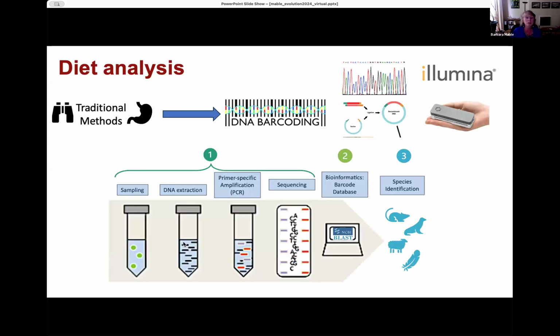But whatever method you're using, the processes are having the samples, your DNA extraction methods, choosing the primers for amplification, if you're using that kind of method, the type of sequencing, and then the bioinformatics to interpret what you find. And so the importance here, as I said at the start, is the reference sample set is really critical to make sure that you're getting representative amplification of what you think might be in your sample.